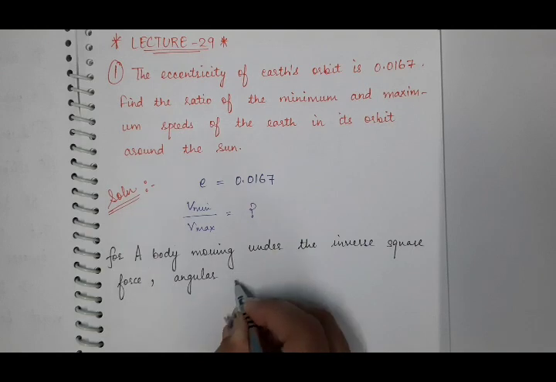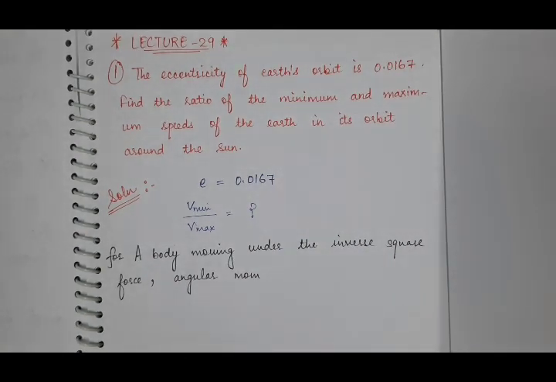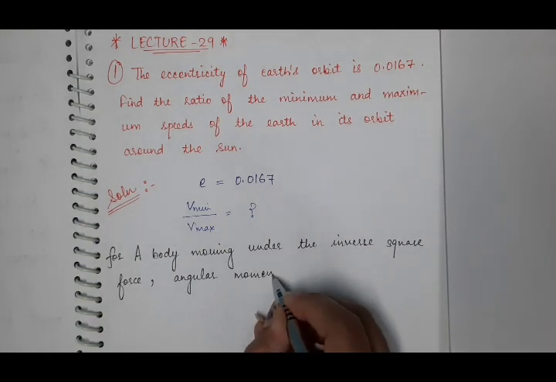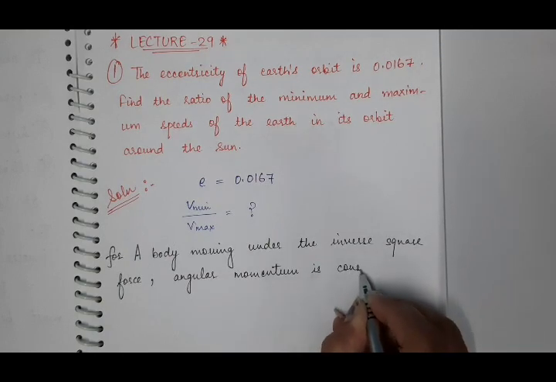We have already proved that because inverse square force is a central force, and any body which is moving under the effect of a central force, its angular momentum will remain conserved.